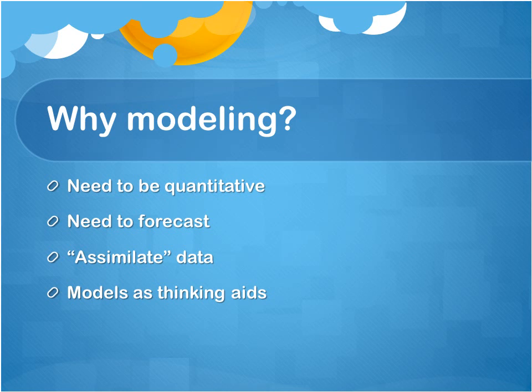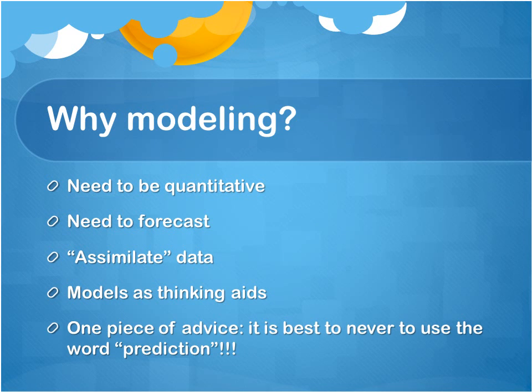In this class, for the most part, we're not going to be looking at models as predictors, but more as thinking aids. And one piece of advice that I give you now is that it is best to never use the word prediction when you refer to a model, because you're going to be wrong no matter what. Models, at least the models we're going to be discussing here, are not intended to predict.